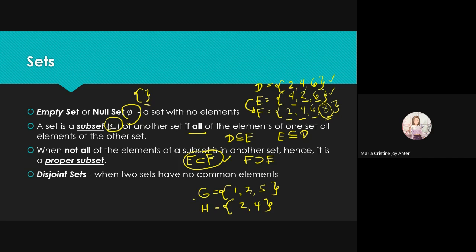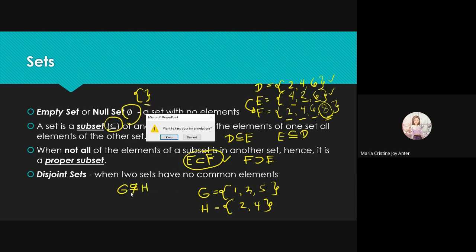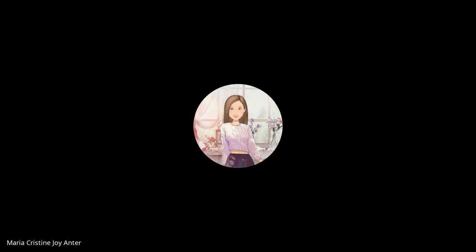How do we write disjoint sets? You can also say it is not a subset.